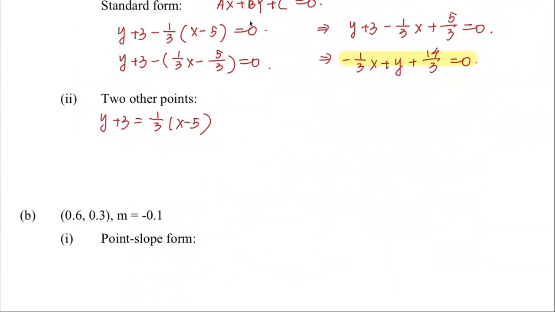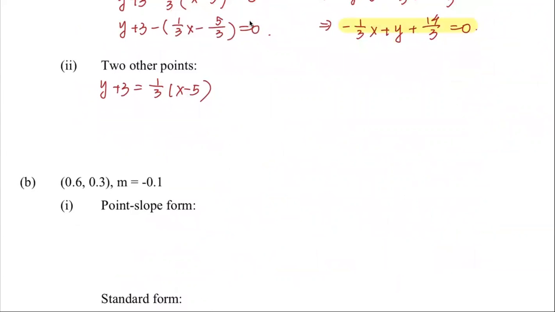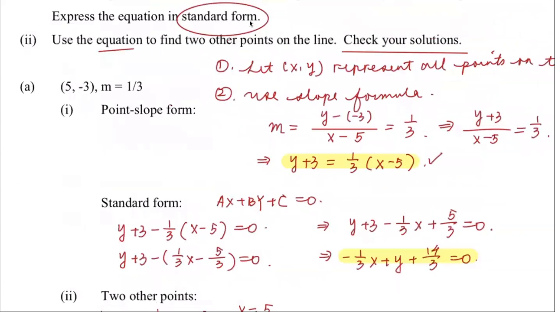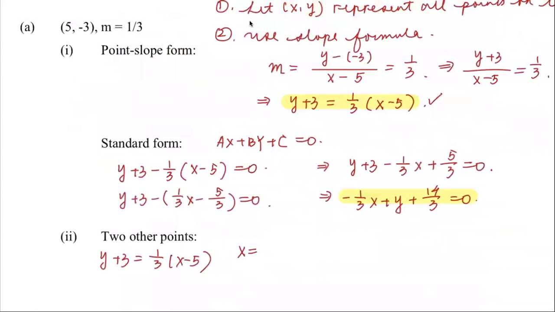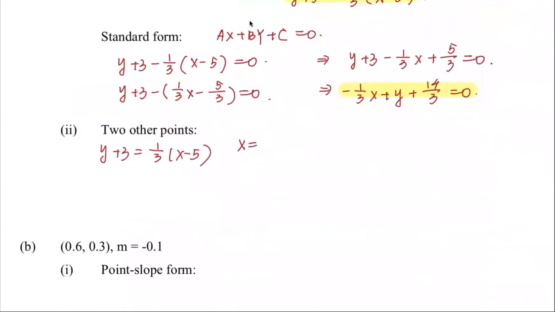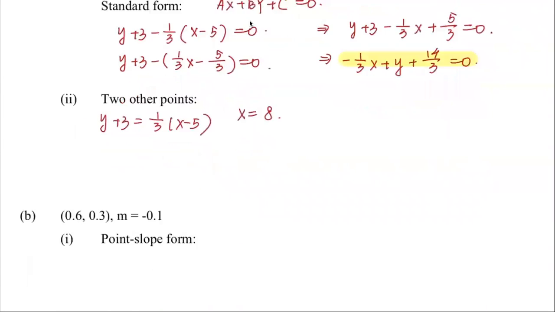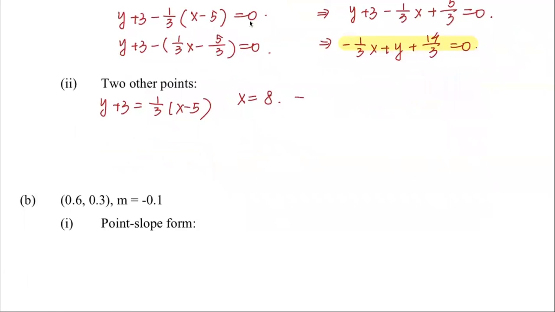Okay. Let's let x be, for example, 5. Oh, we can't let x be 5 because the point given is 5, minus 3. So for example, let's let x be 8. Okay. If x is 8, then y plus 3 is equal to 1 over 3 times 8 minus 5, right?